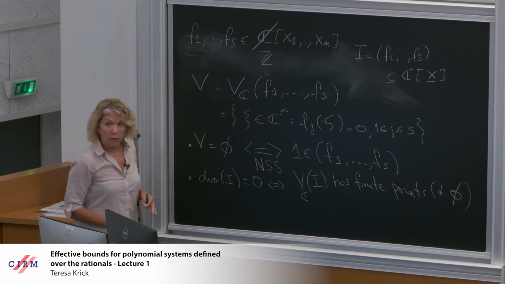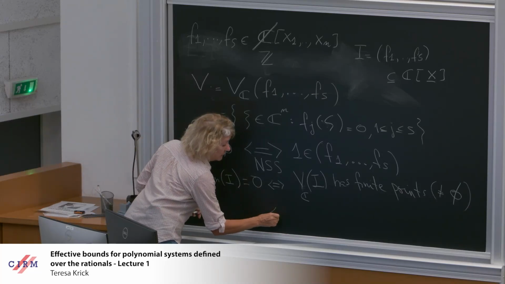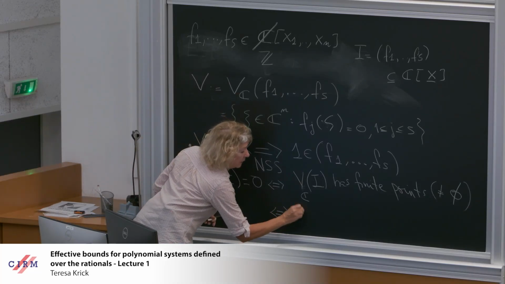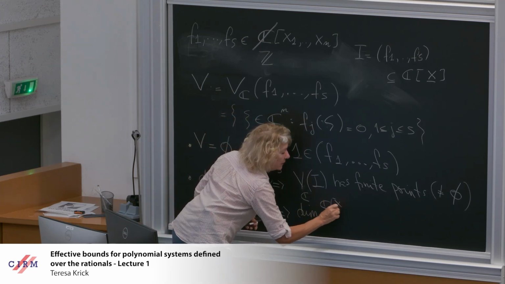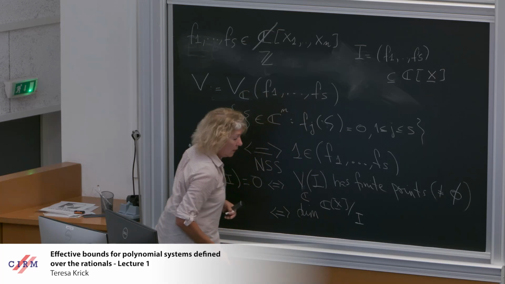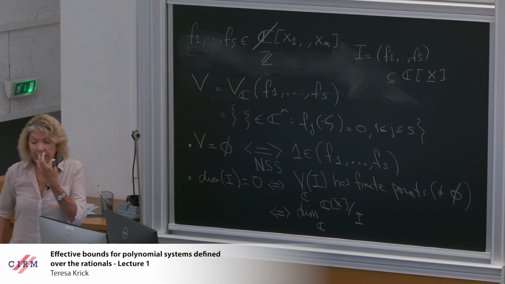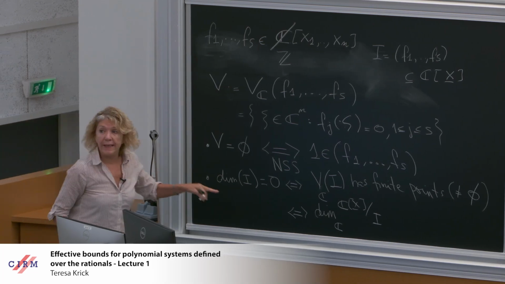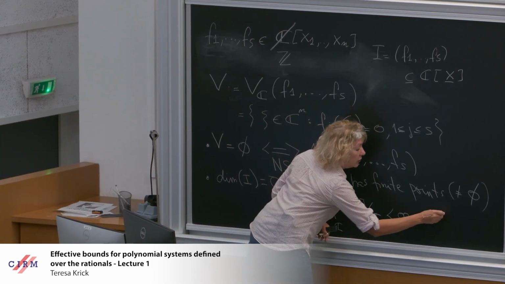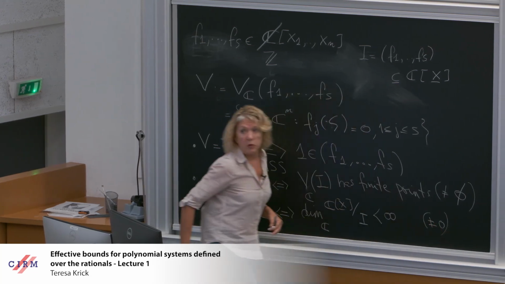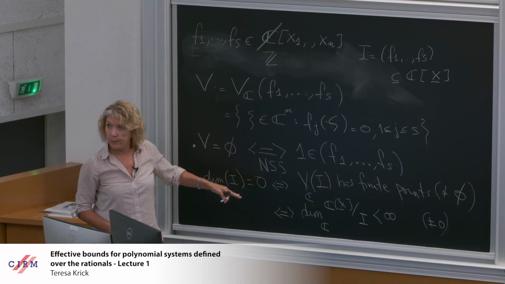And so only finite points in the variety, and this is equivalent to saying that the quotient ring, let's say C[x]/I, which is a vector space over the complex numbers, has finite dimension. So this dimension is finite, but non-zero. So I will mostly concentrate on these two cases.